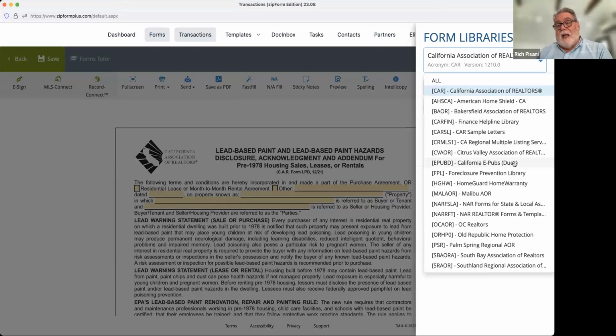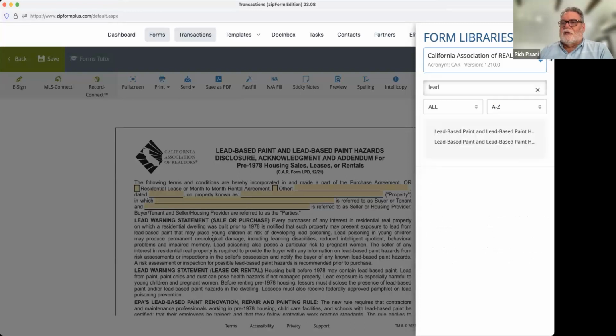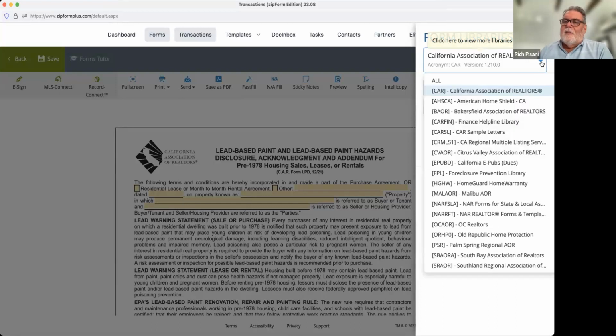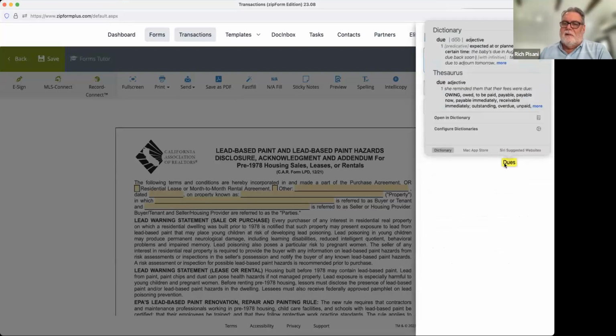You have to find that questionnaire under, I'm going to show you, California Association of Realtors. These are all the forms from CAR, but then you pull down that drop box and go to California EPUBs.